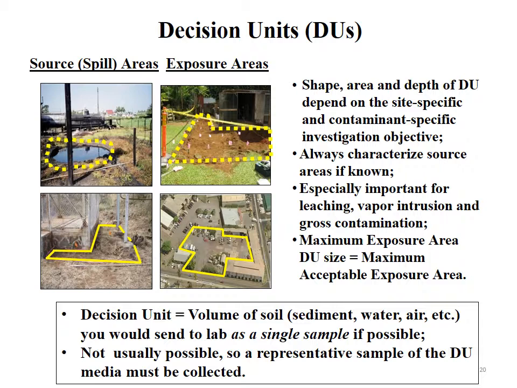We're targeting what the average contamination is in that area that's utilized by employees at that commercial site. Again, if there's specific sources like this, they're always analyzed separate as a source or spill area DU. If there's no specific source identified, we generally have larger DUs that are based on the land use type present.